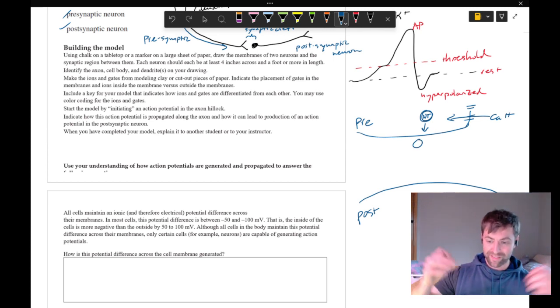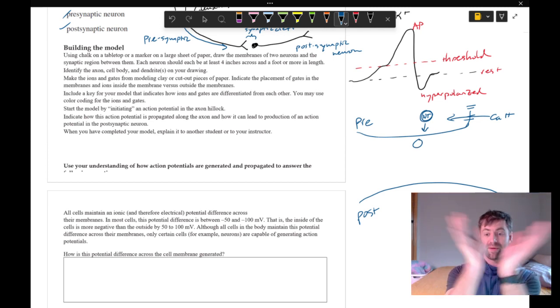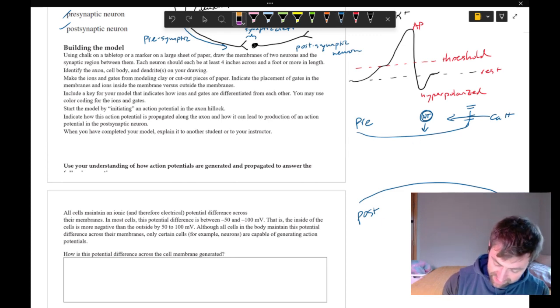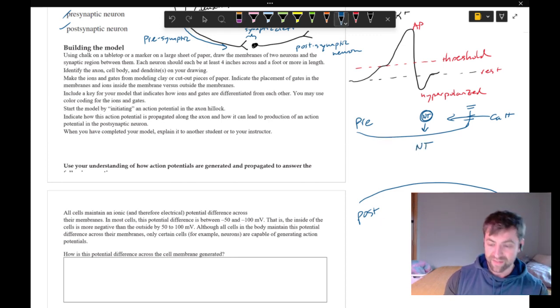So exocytosis means the bubble moves to the cell membrane and it releases neurotransmitter into the synaptic cleft.